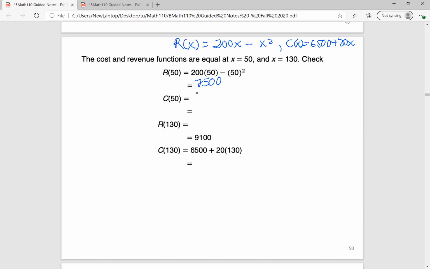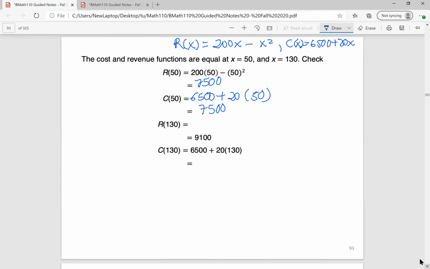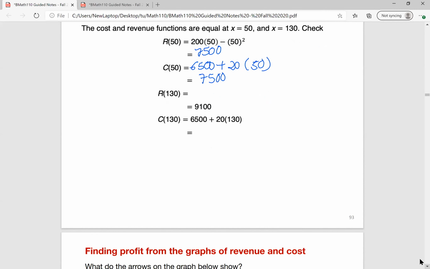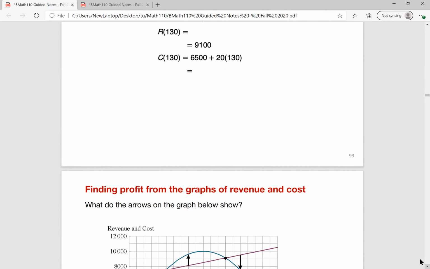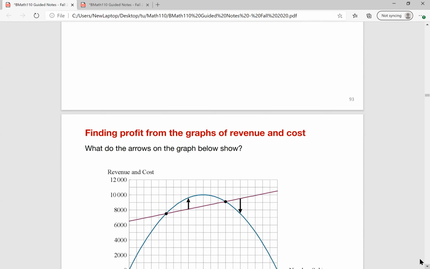You're going to have 6,500 plus 20 times 50. You're going to have the cost also equal to 7,500. And for the other break-even point, I will let you guys do it, but I'm pretty sure it has to be the same value. So move down.